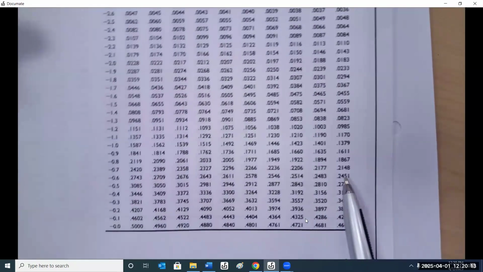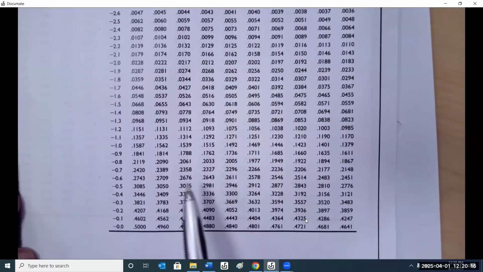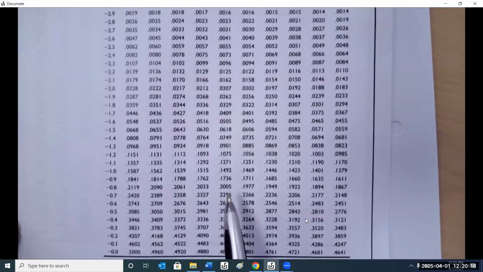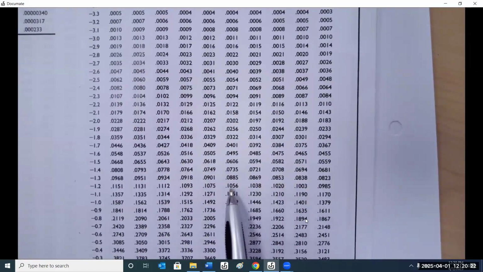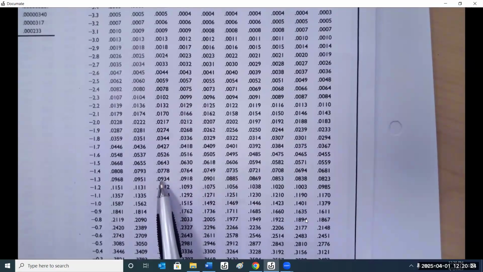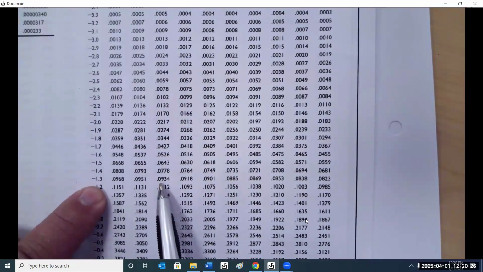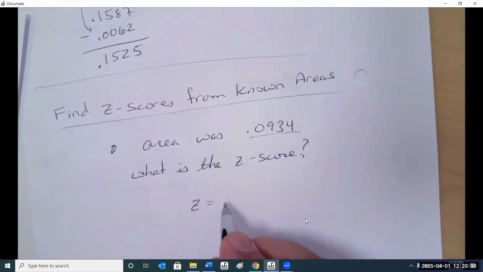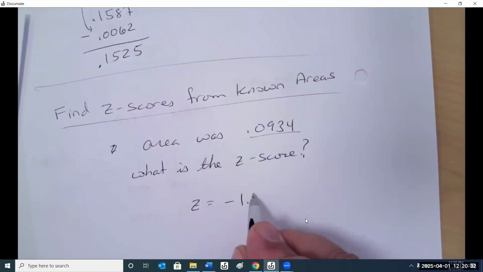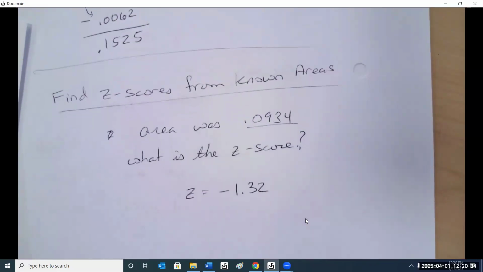Now we look for 0.0934, which is negative 1.32. Not that hard.